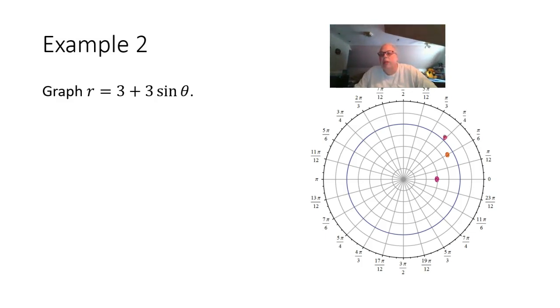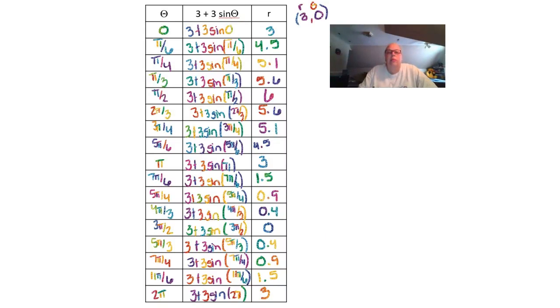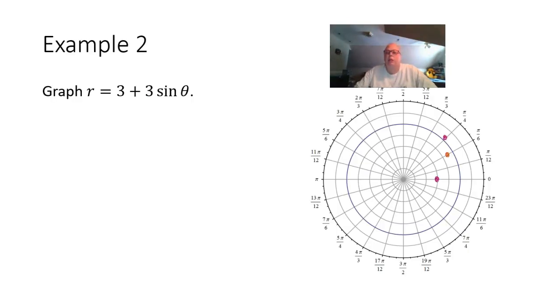It's going to take us right into here. And then we said pi over 3 was going to be 5.6. So we're going to go a little bit past halfway. So if this is 5, this is halfway, then 5.6 is going to be somewhere in this area right here on the pi over 3 line.